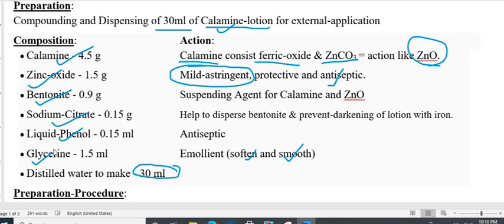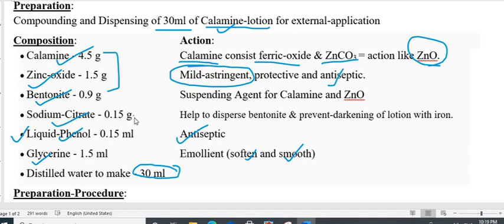Another antiseptic component is the liquid phenol. Other than that, two more components are there. The function of bentonite is to act as a suspending agent for all the ingredients, but specifically it suspends the main ingredients calamine and zinc oxide, and other components as well.